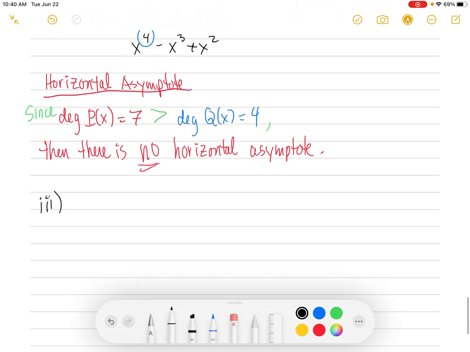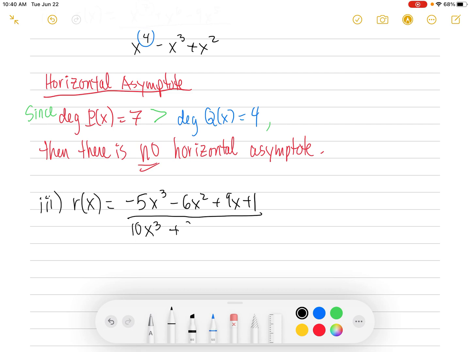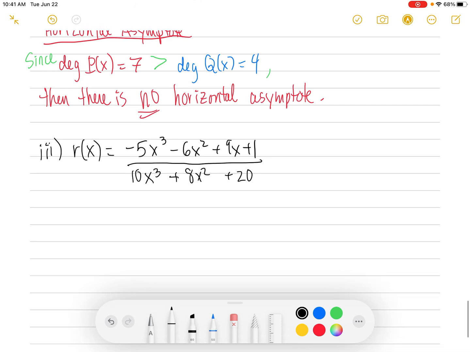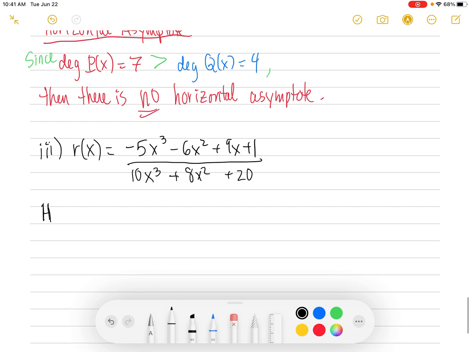All right, let's do one more example here. Number 3. Let's say we have negative 5x to the 3rd minus 6x squared plus 9x plus 1 on top, and on bottom, let's say we have 10x cubed plus 8x squared plus 20.